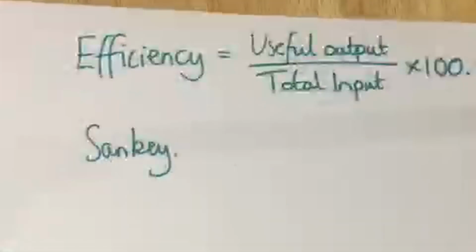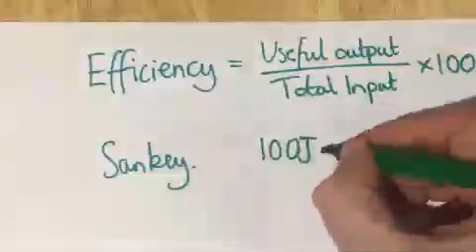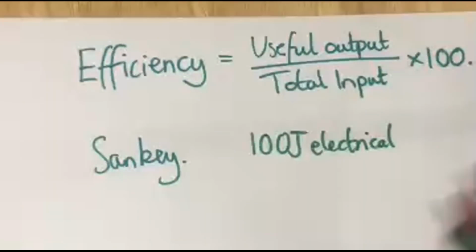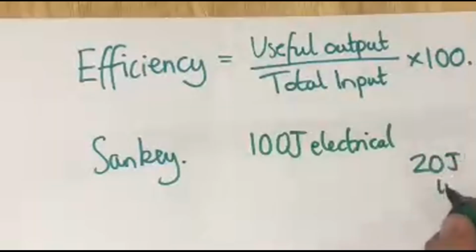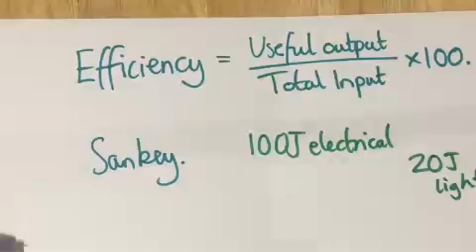Say I've got a light bulb which takes in 100 joules of electrical energy, and it converts 20 joules of that into light energy. So I'm going to take the start.